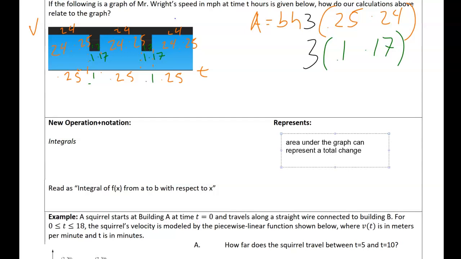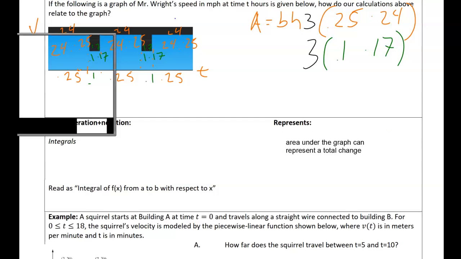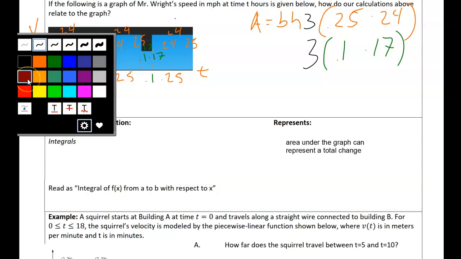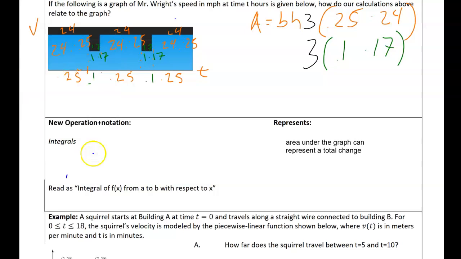Okay, we're going to do an example here of a more calculus-y problem, but it really is the same thing. Before we do that, we have to introduce the notation. And the notation for this, I think it's a cool symbol. It is a curly S guy. It gets bounds a to b of f of x dx.